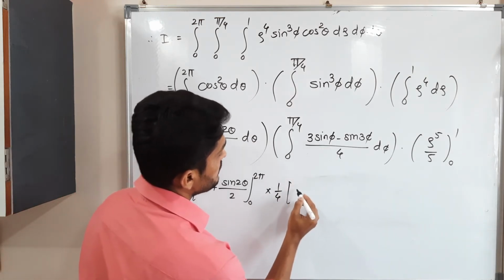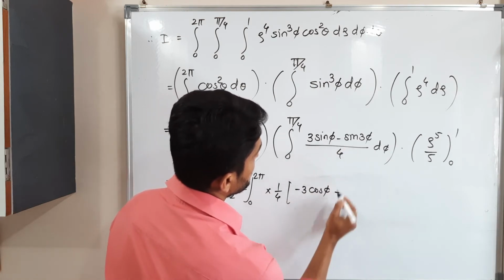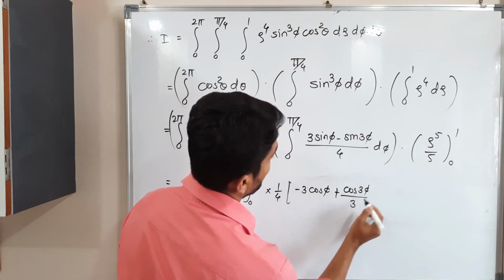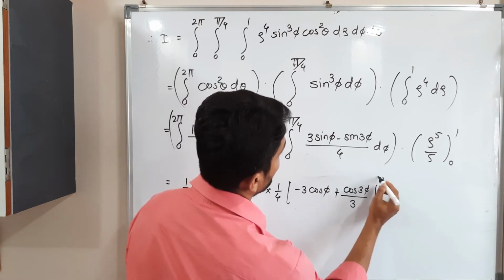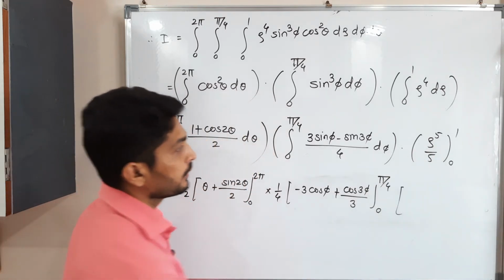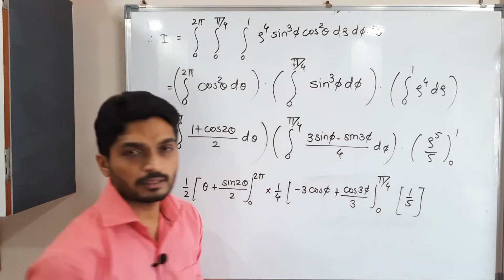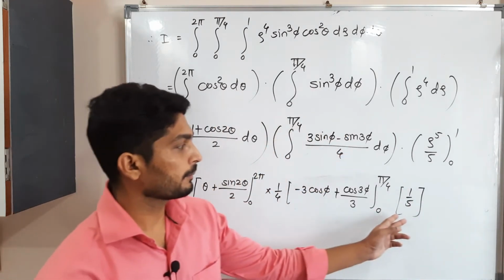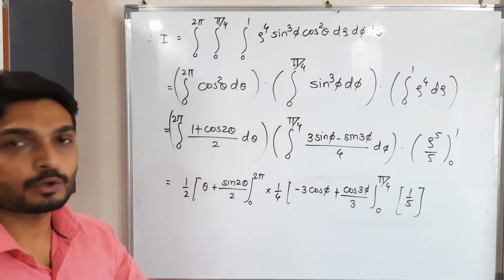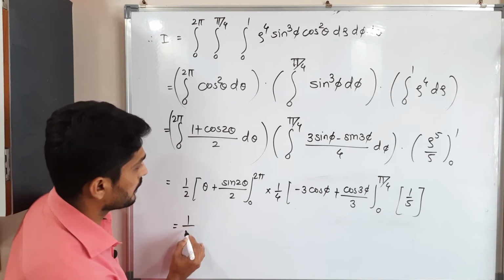Integration of sine phi is minus 3 cos phi plus cos 3 phi divided by 3, having limits 0 to pi by 4. If I put 1, we will have 1 by 5; if I put 0, we will have 0, so I will skip that step. We have 1 by 5, 1 by 2, 1 by 4, so taking the product of all, it will be 1 by 40.